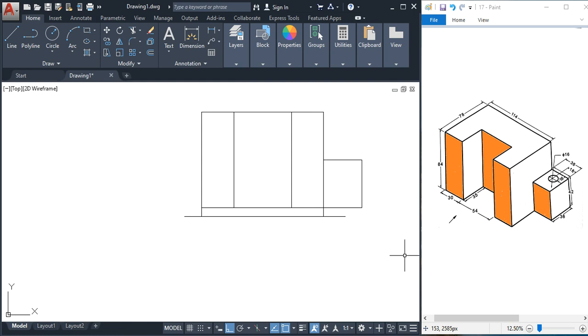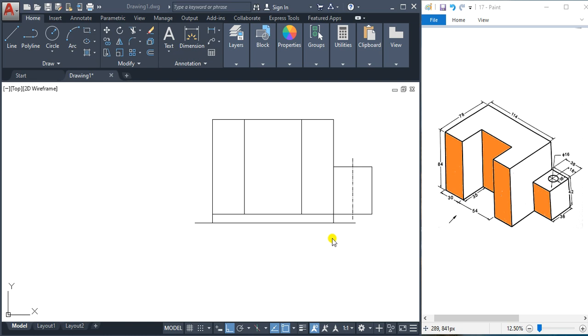And next, we discussed we have to represent this hole with dotted lines. It is a hole of diameter 16, and for this hole the center is at a distance of 18 from this edge or from this line. So from this line we will first draw a center line at a distance of 18, like this.